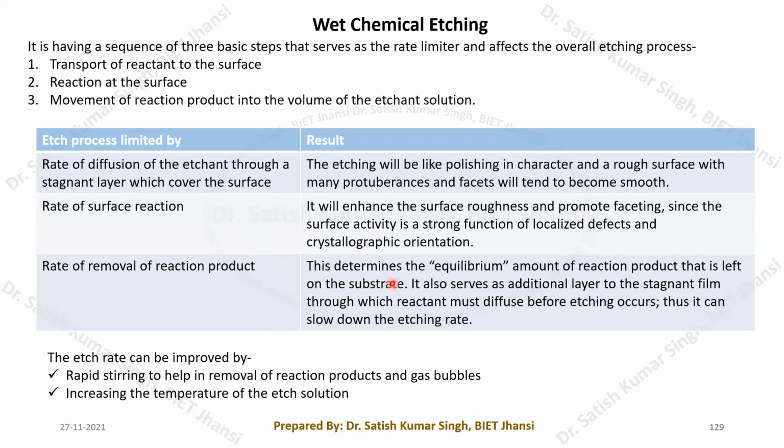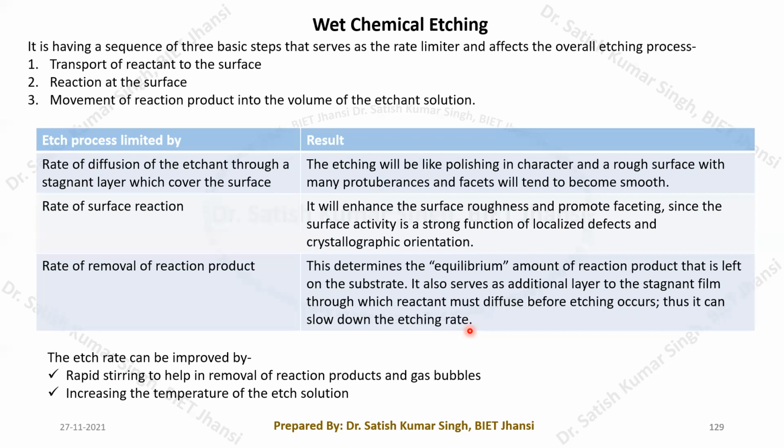So now let's try to understand what the chemical reactions are, what chemical agents or reagents we have to take for wet chemical etching, and how it will take place, how it is going to etch out a certain layer of the silicon.